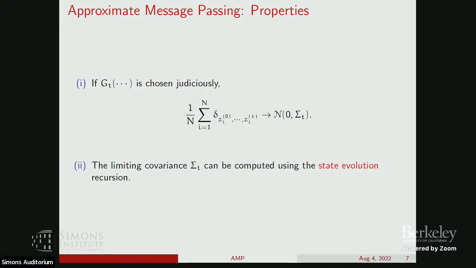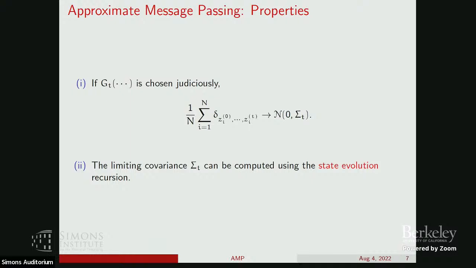So what is special about GT is that if you choose your GT in a very special way, you have an empirical convergence of your AMP outputs. Specifically, if you look at the empirical distribution of these vectors, they converge to multivariate Gaussians with mean zero and very specific covariances.